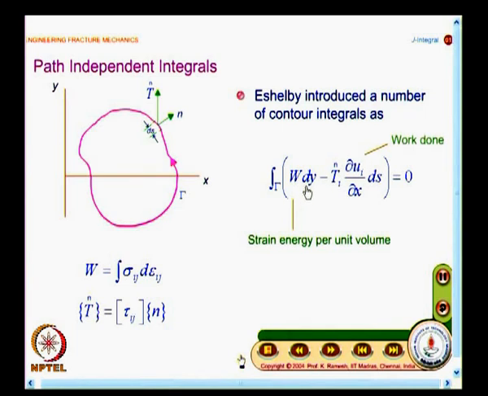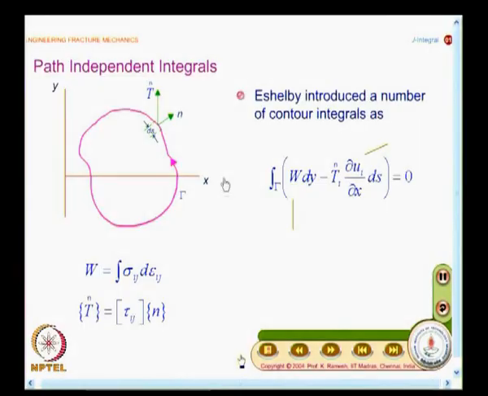And if you look at elasticity, you will have strain energy minus work done would be related to your potential energy, and what you are actually seeing here is this potential energy is differentiated with respect to the crack length. So, what we had seen as energy release rate, what is the energy available for an incremental crack growth, is written in a different form which appears as a line integral after several simplifications. That is the way you have to look at it.